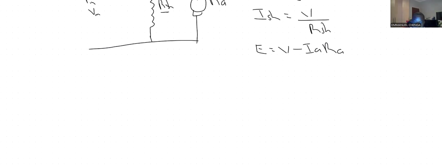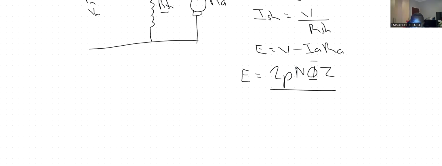Before we look at the calculation, we also have another formula that I need to write down: the formula to calculate your EMF, which says 2PNΦZ divided by 60C. You can also calculate your EMF using this formula, where P represents the pole pairs.